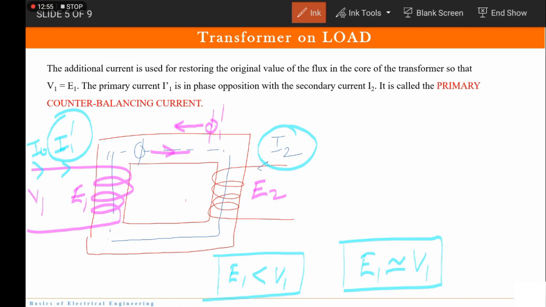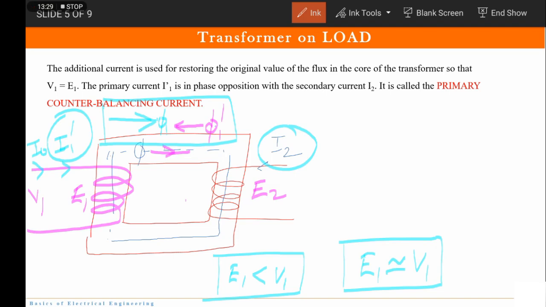Got it? Again, this I1 dash flowing through this circuit also sets up a flux. This flux will oppose phi 1 dash. Again these two are in opposite direction and they oppose each other, or in other words, they cancel out each other.